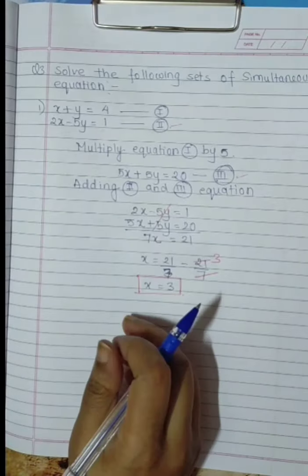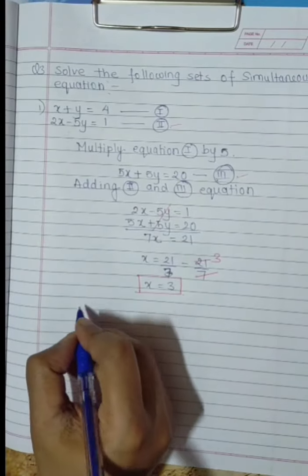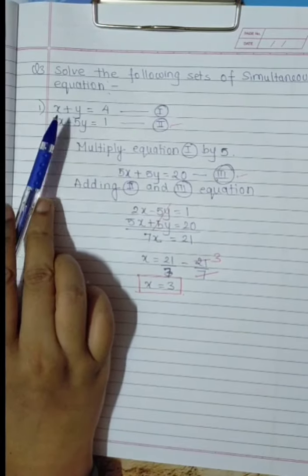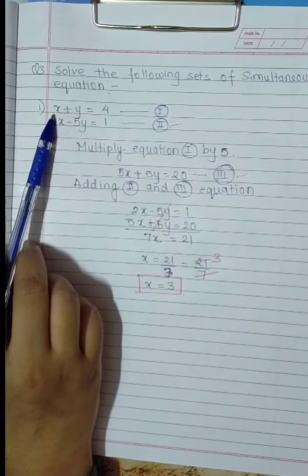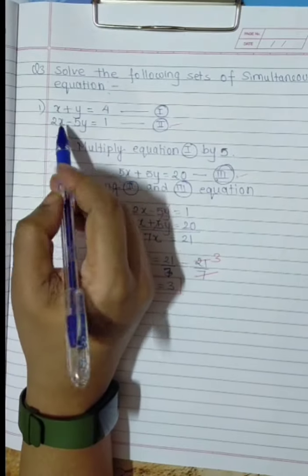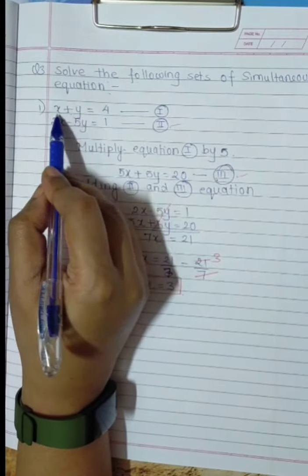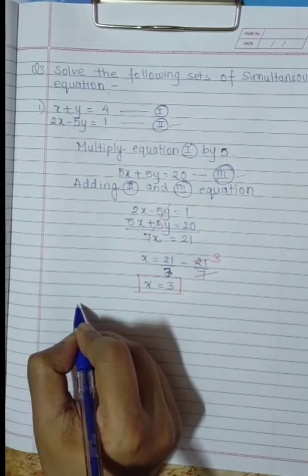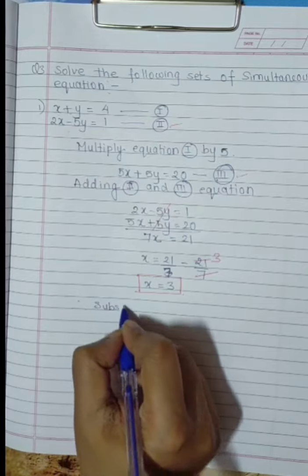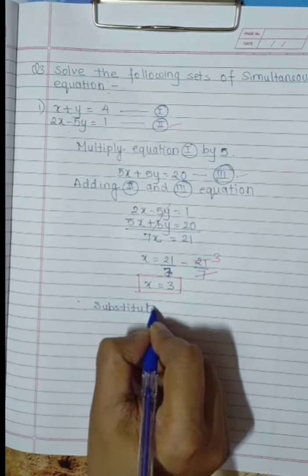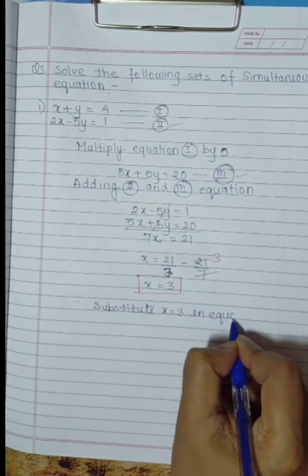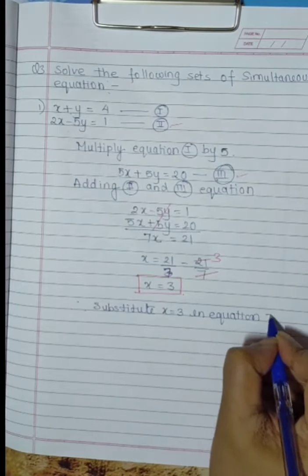Now after getting 3 as x, we are going to substitute in one equation to find the y value. Whenever you use an equation to find this, we have to use the positive equation, that is x plus y. So we are going to substitute x is equal to 3 in equation 1.